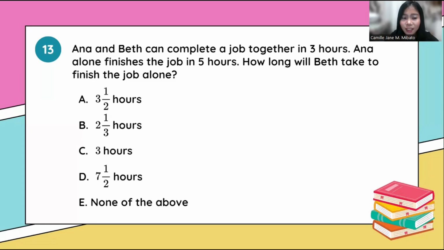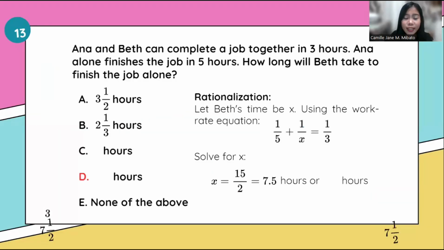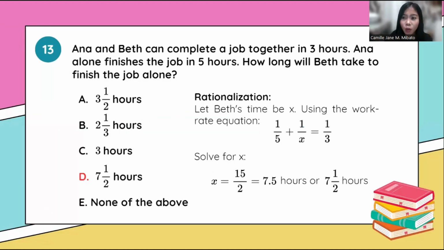It's letter D. 7.5 hours. So let's rationalize it. How did we get 7.5 hours? First thing to do is we need to let Beth's time be x. And then using the work rate equation, we have 1/5 plus 1/x is equal to 1/3. Since we already have the equation, we need to solve for x.